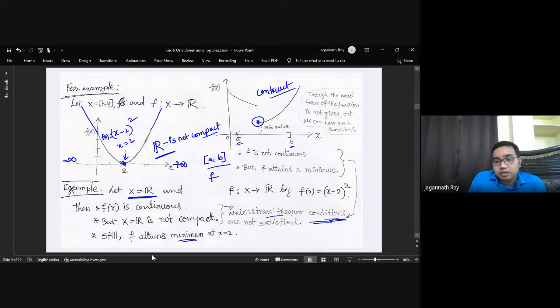So that is why this is only a sufficient condition: if these two properties are satisfied, then it will definitely attain its minimum and maximum. But there are functions which do not satisfy these two criteria, but still they have a minimum point.